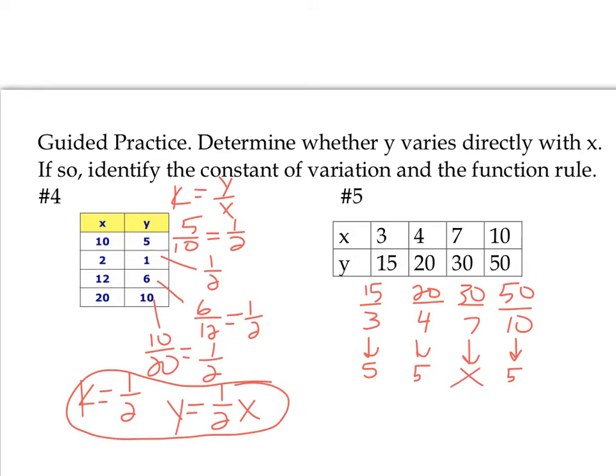This particular y over x doesn't return the same k value as the rest of our paired numbers. So this is not a direct variation. We wouldn't be able to write a function rule or find a constant of variation. It's got to be the same constant of variation for the entire set of information, not just some of it or part of it or most of it, but all of it.